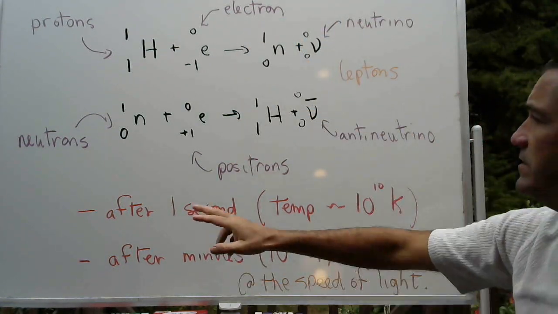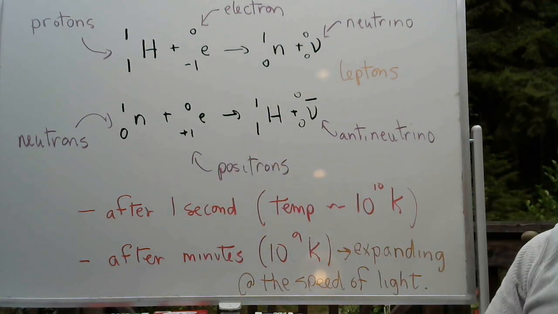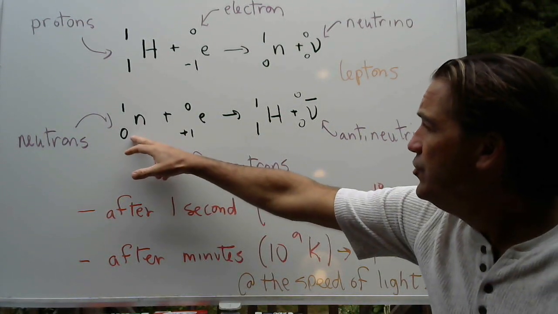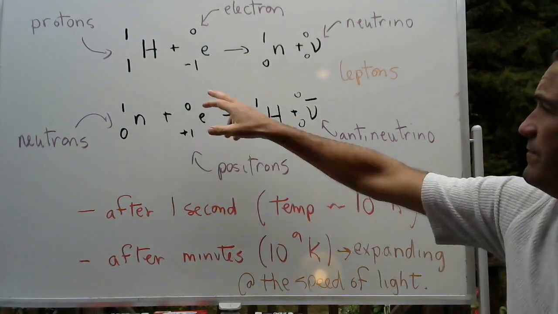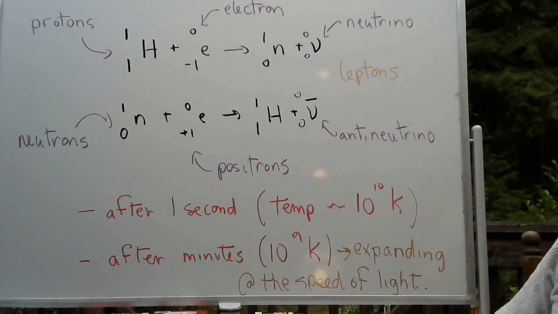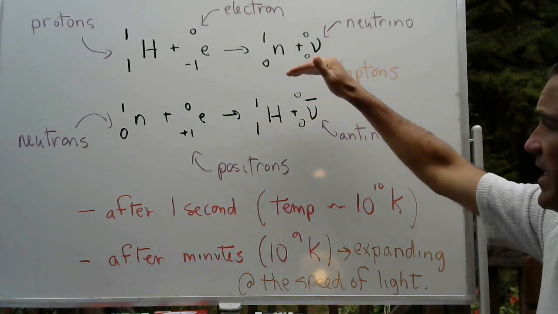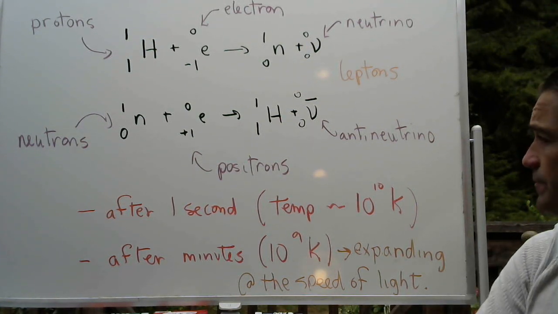And then at the bottom here, this is how we balance the charge. And so neutrons, of course, have no charge. Protons have a +1. Electrons have a -1. But if you look on both sides of the equations, each side is balanced with respect to mass and charge.